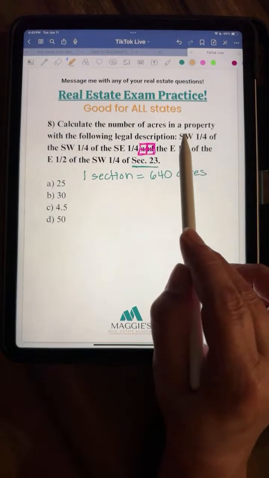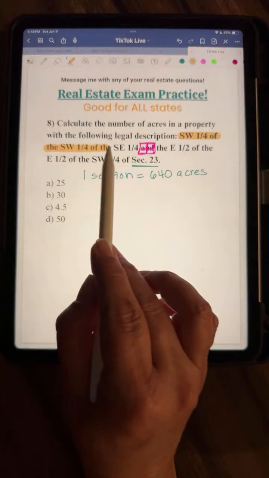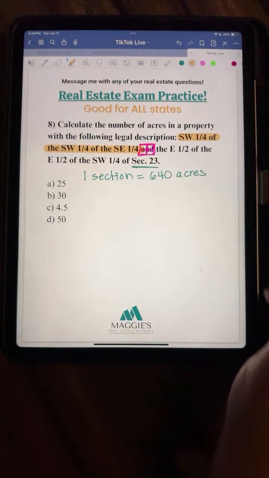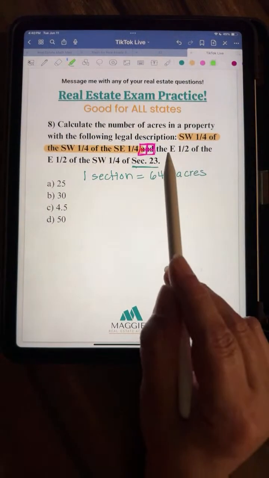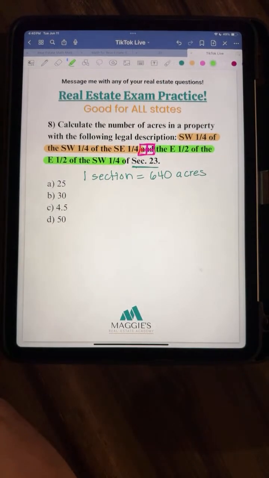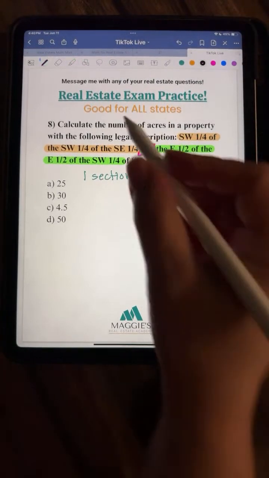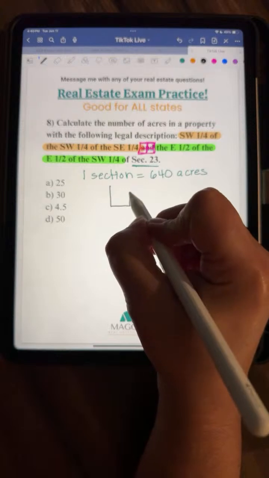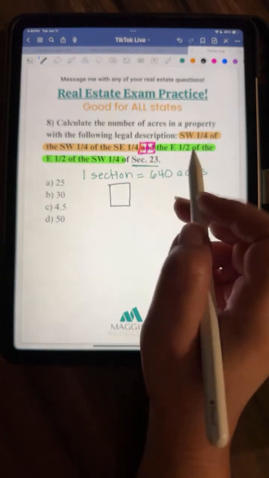Well, you have one tract of land here, and you have another tract of land here. So you have two different tracts of land. So let me show you. You basically have one tract of land here, which is the orange one.